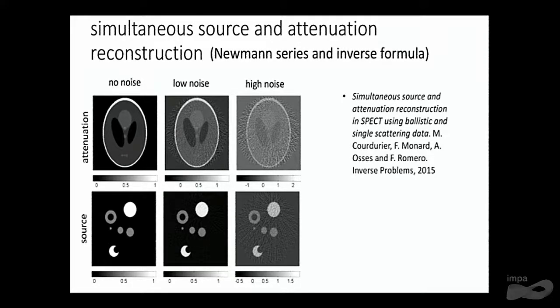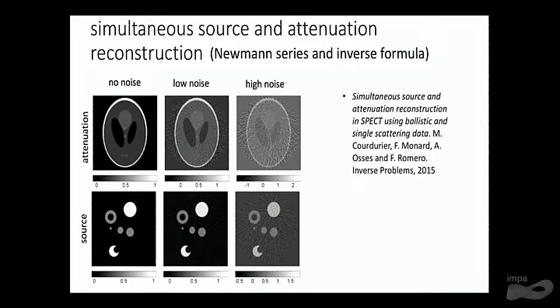In this case, for instance, this is the reconstructed attenuation. When you have noise, you have some problems. Here we don't apply any image post-processing tool. So it's the direct result of the method, and this is the result for the source.